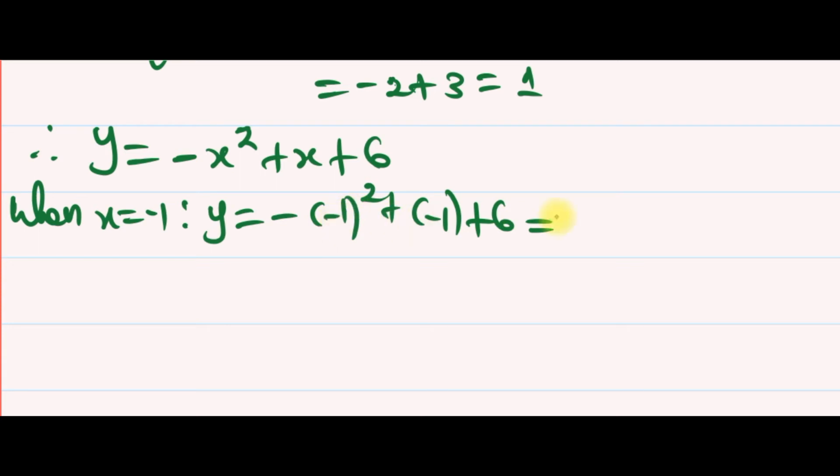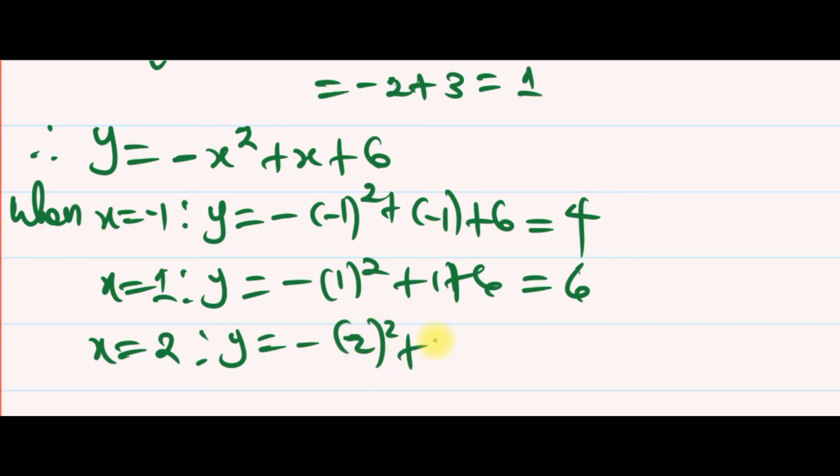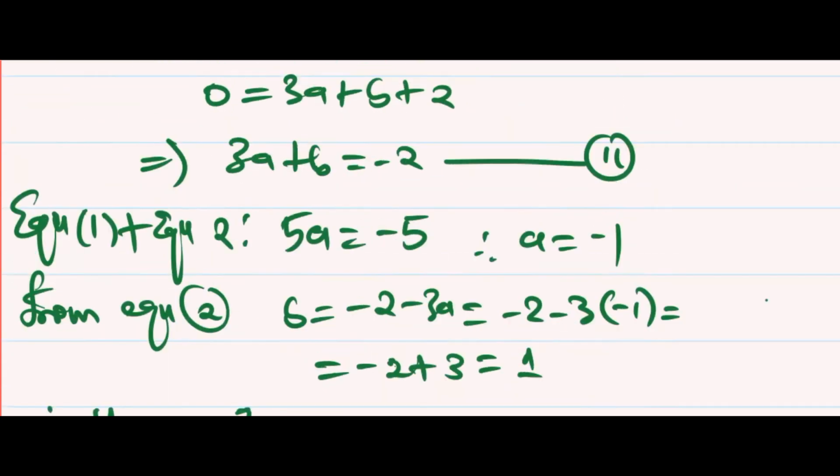This is minus 1 minus 1 plus 6, which is 4. When x is 1, y is minus 1 squared plus 1 plus 6, which is 6. And finally, when x is 2, y is minus 2 squared plus 2 plus 6, which is 4. So that's it. We'll fill up the table with 4, 6, 4.